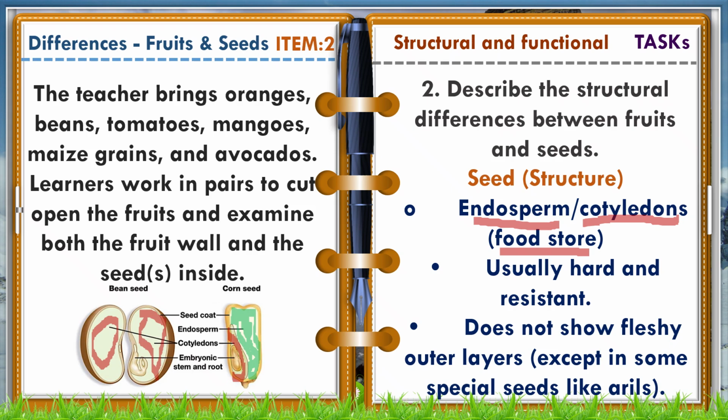The seed is usually hard and resistant. When you try to press the seed, you will see that it is hard and it is resistant. It does not show a fleshy outer layer, except in some special seeds like elderberries.